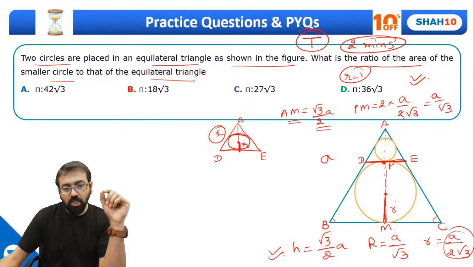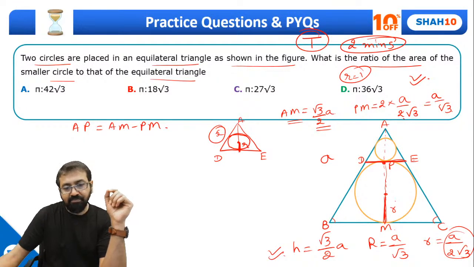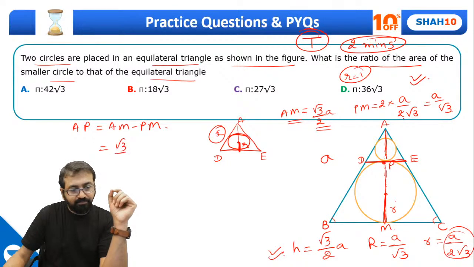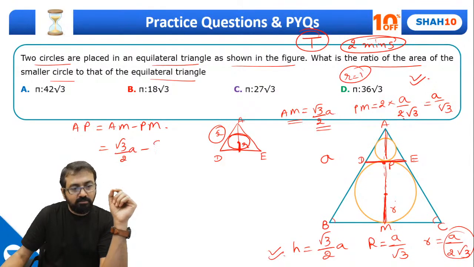Yes or no? So if I just write it this way, can I say AP is equal to AM minus PM? Everyone, this AP is equal to the complete height minus this PM. So what will it come out to be? AM is root 3 by 2 A, and PM is a by root 3.